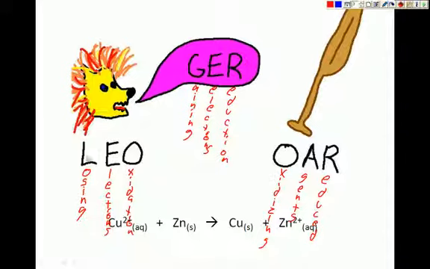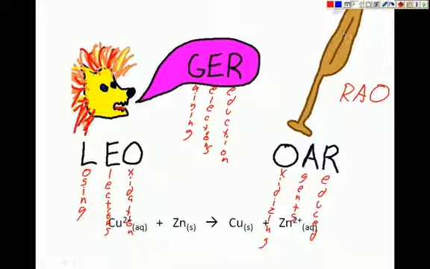Okay, so losing electrons is oxidation, gaining electrons reduction. Oxidizing agents are reduced, and I don't know how to fit this into our storyline, but reducing agents are oxidized.